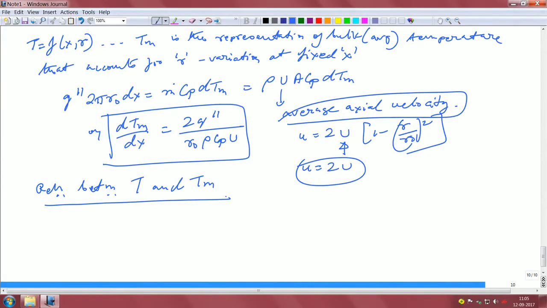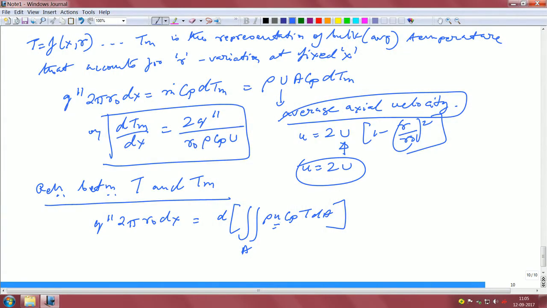So, for the relationship between Tm and T, if you write this expression once again in the proper form, what you will get is the area integral of rho u Cp T dA, right. That is the total change if you take into account the temperature. This is the actual temperature, which is a function of both x and r, right. So, you are integrating it across the cross sectional area. There you have both u, which is the fundamental variable, not the average, and T, which is the temperature at each point, right.